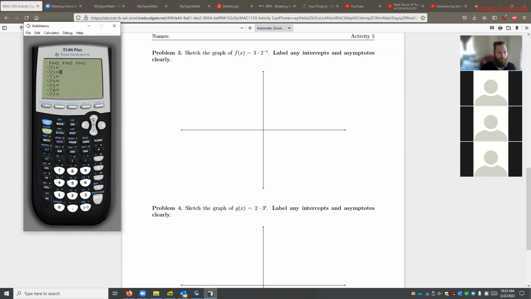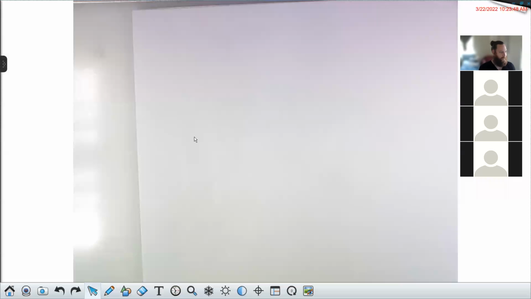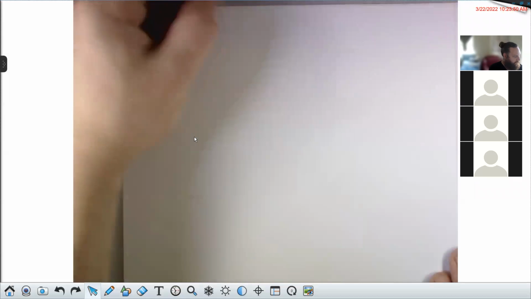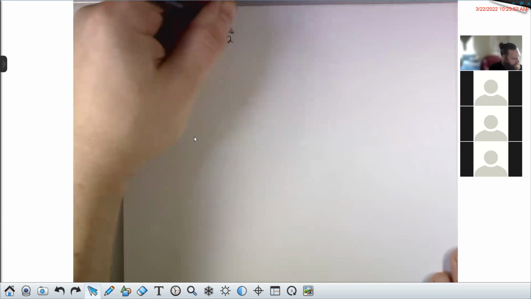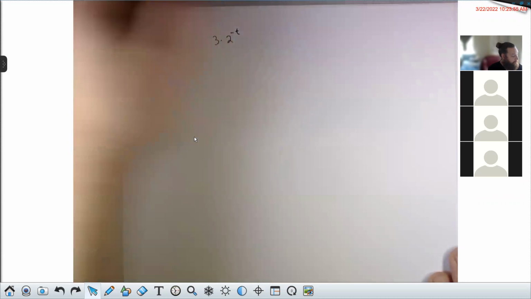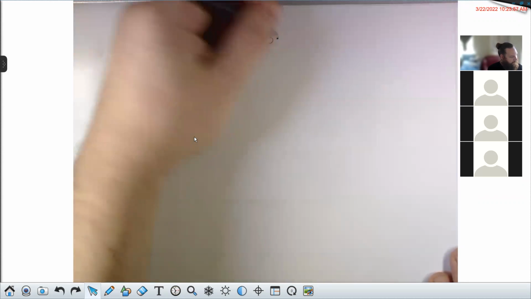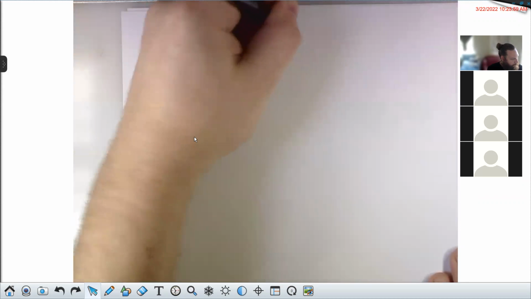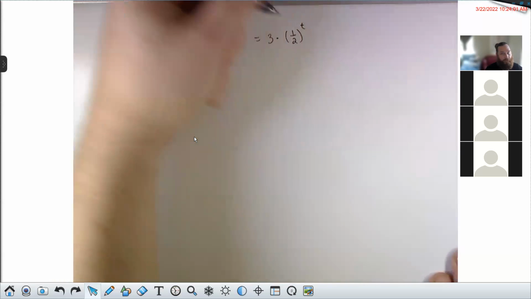For one, to get rid of the negative exponent. Say that one more time. You're talking about the negative exponent, the negative t. You can put it over 1. Very good. Yeah, I can write this as 3 times 1/2 to the t.